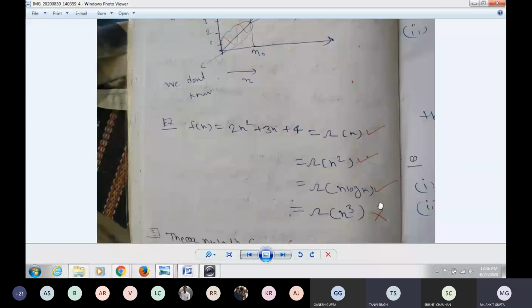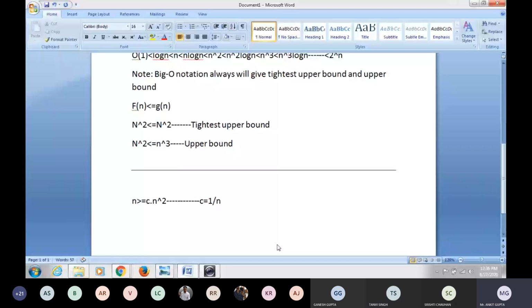Yes, sir. So if f(n) is greater than or equal to g(n), that is big omega notation.